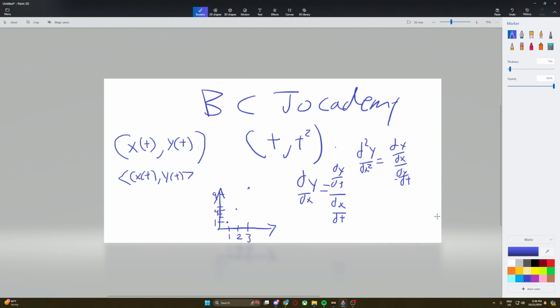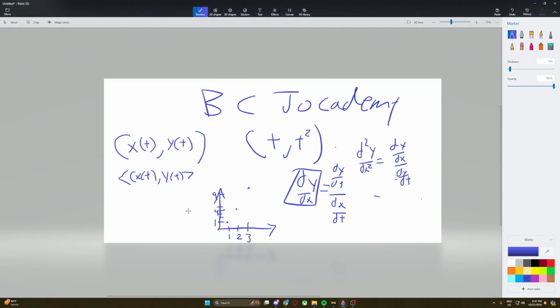I don't exactly know why, but if you replace dy dx with this, it will cancel out to d squared y over dx squared, so that's why. So you always have to get the dx over dt of this when you get the double derivative.